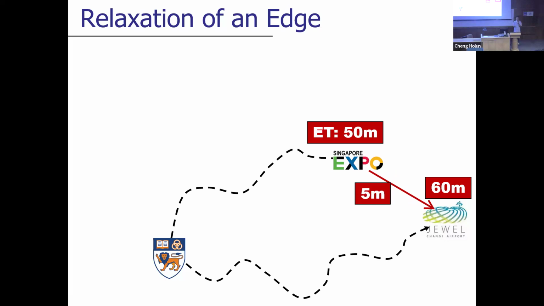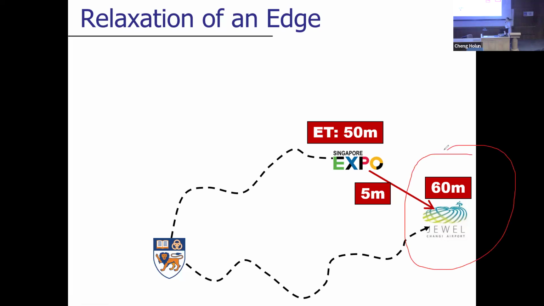Will this edge from Expo to Changi improve my estimated distance to Changi? It will, right? Because I can actually go to Expo first, then go to Changi, then I only need 55 minutes. So this edge improves my estimated distance to Changi.